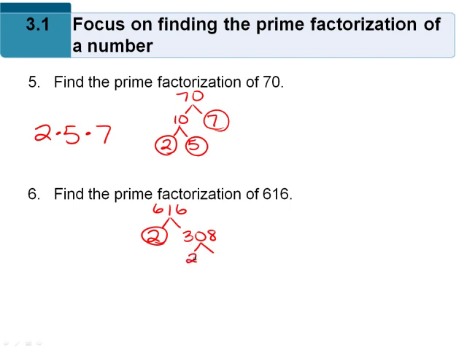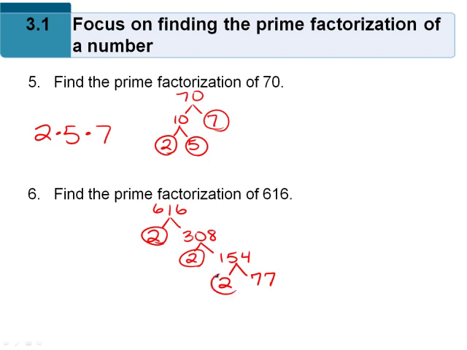So I'm going to divide by 2 again. If we divide by 2, we get 154. That is still an even number. So you guessed it, I'm dividing by 2 again. When I divide by 2 there, I get 77. Now, I am using my calculator the whole time. I'm not guessing. I'm using my calculator to make sure I keep it straight.